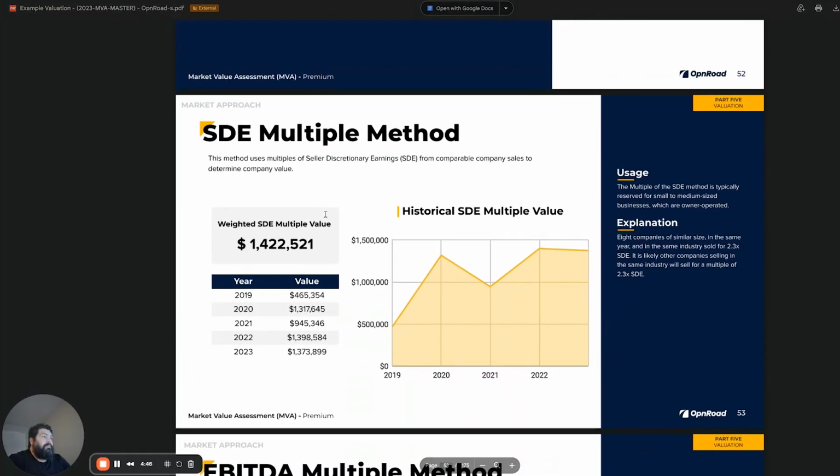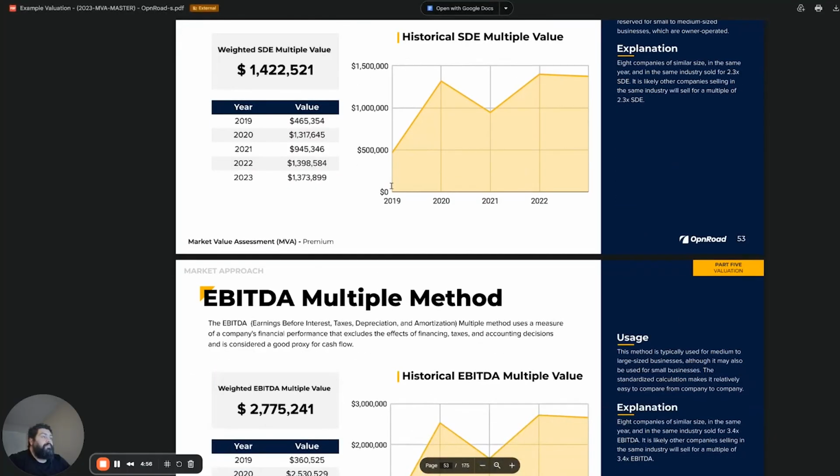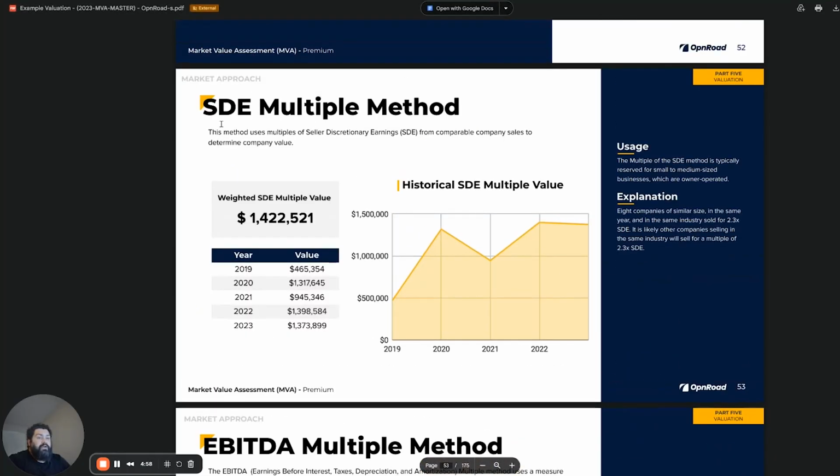And then the market approaches are the simple multiples based on the market. Each year you have an SDE multiple, and SDE is seller's discretionary earnings. That's EBITDA plus a fair market value salary for a manager or the owner.